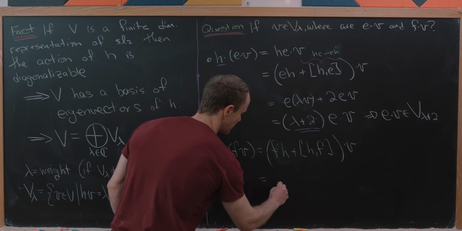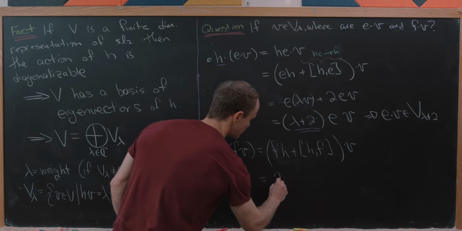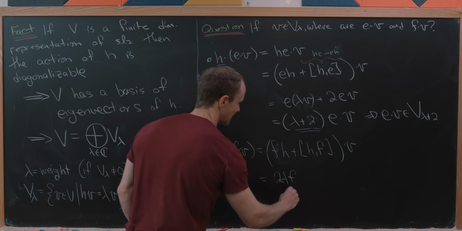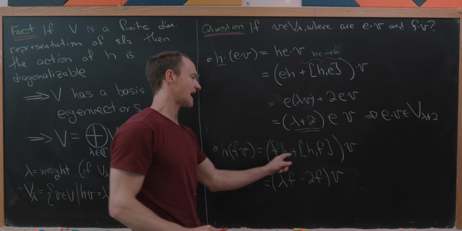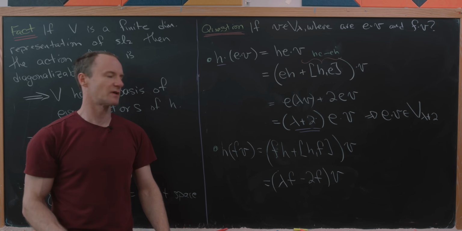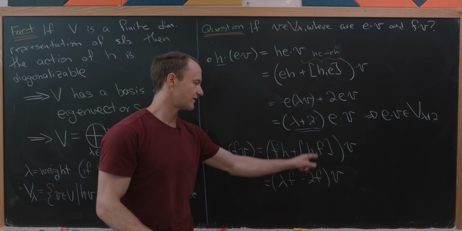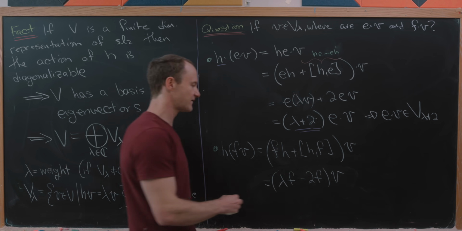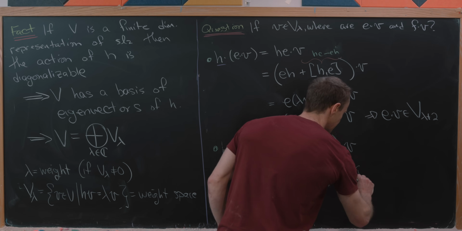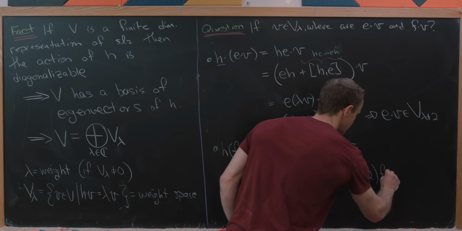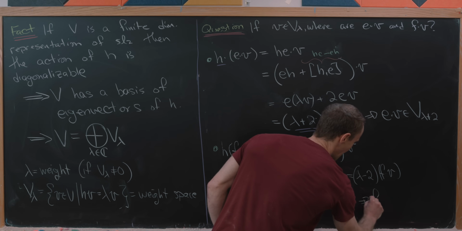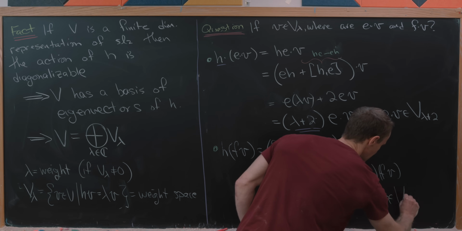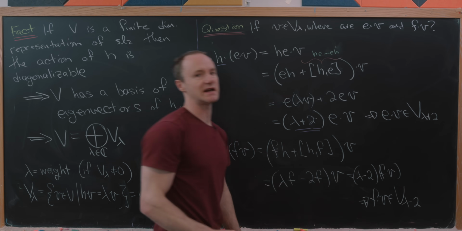But then that's going to be equal to lambda times F minus 2F v. That's because H acting on v is the same thing as multiplying by lambda, and the bracket of H with F is minus 2F. But then we can factor stuff out here, and we have lambda minus 2 times Fv. But that tells us that Fv is in V lambda minus 2.